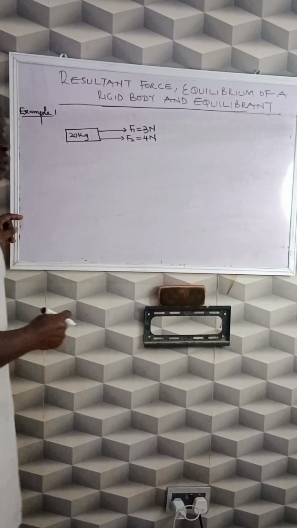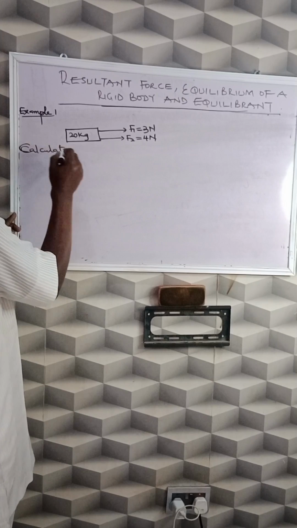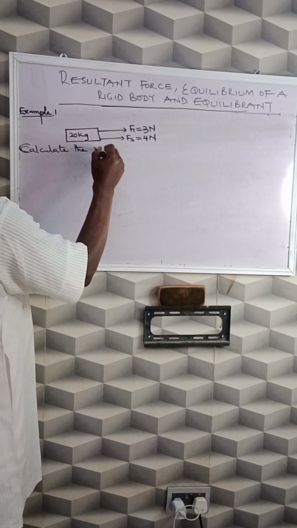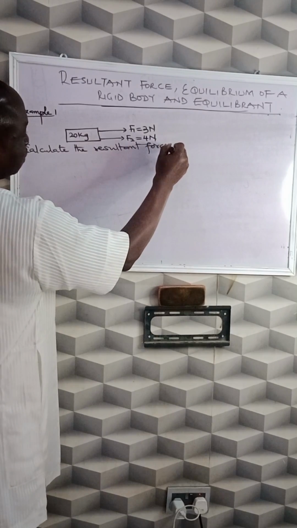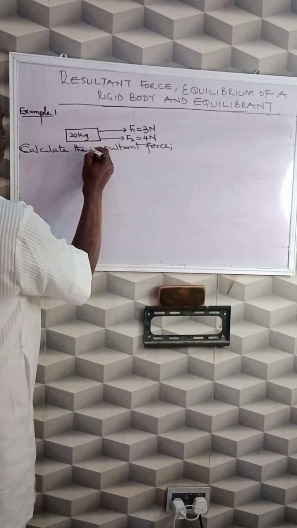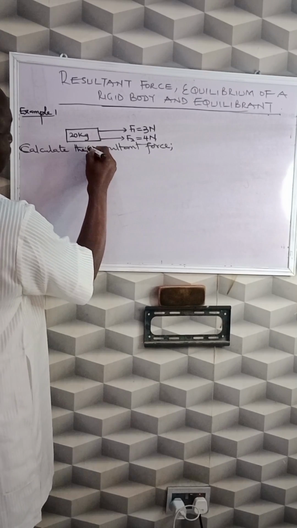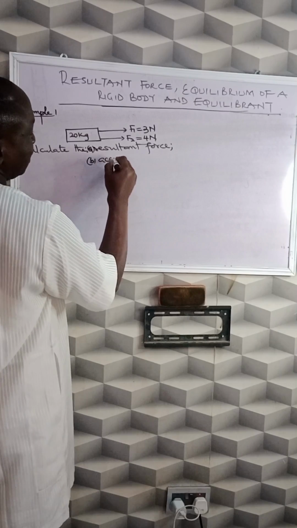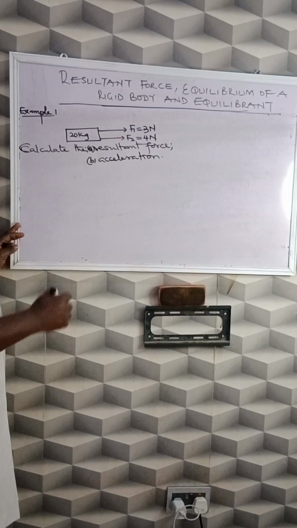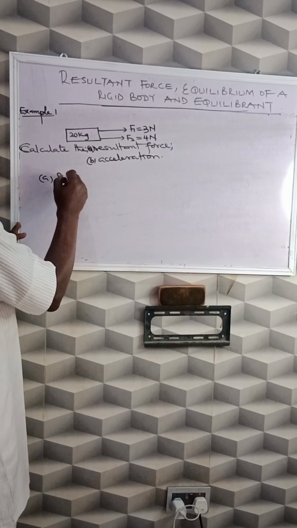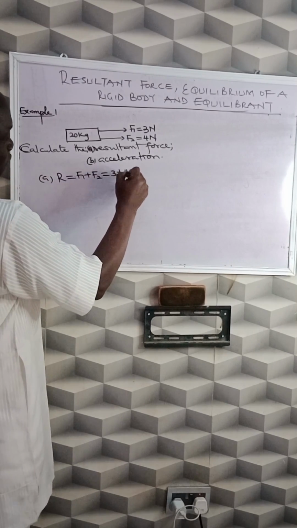The question says: A, calculate the resultant force. B, calculate the acceleration with which the body moves. So the first thing is to find the resultant, F1 plus F2. So that is 3 plus 4, equal to 7 Newton.